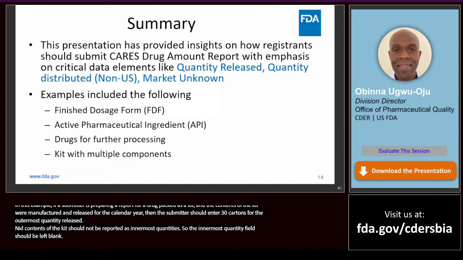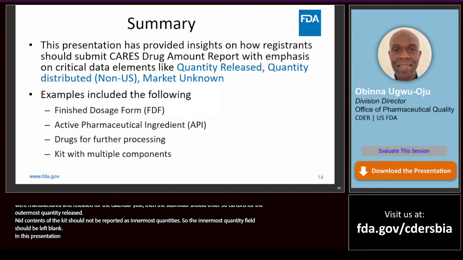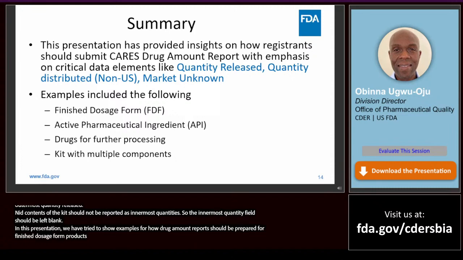In this presentation, we have tried to show examples for how drug amount reports should be prepared for finished dosage form products, active pharmaceutical ingredients, drugs for further processing, and kits.